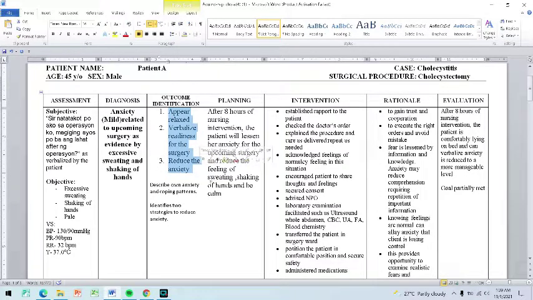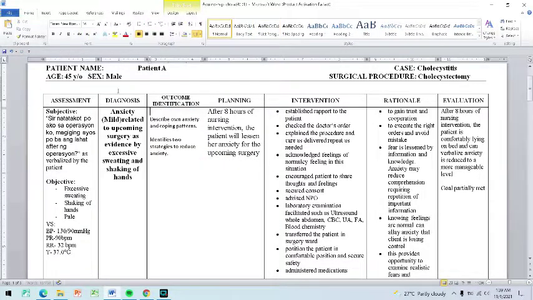So to correct all these things, lessen anxiety of the upcoming surgery, reduce, we need to write all these things because this appears to be a plan.